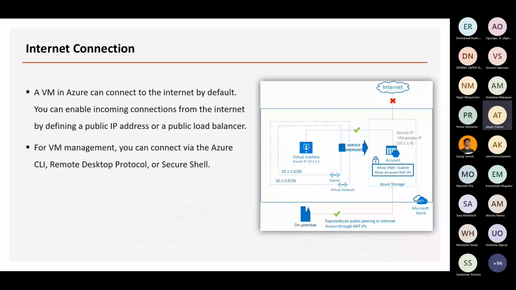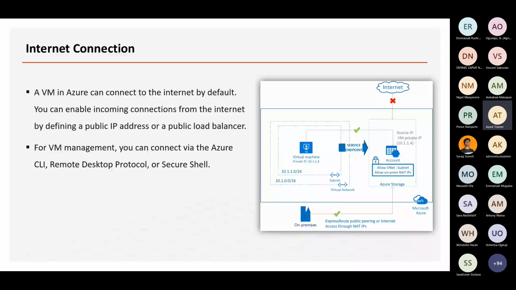Now, if you take Microsoft Azure, by default, if you configure any resource in Azure, for example a VM, it is assigned a public IP address or a public load balancer. By default, all the resources configured in the cloud have an internet connection.